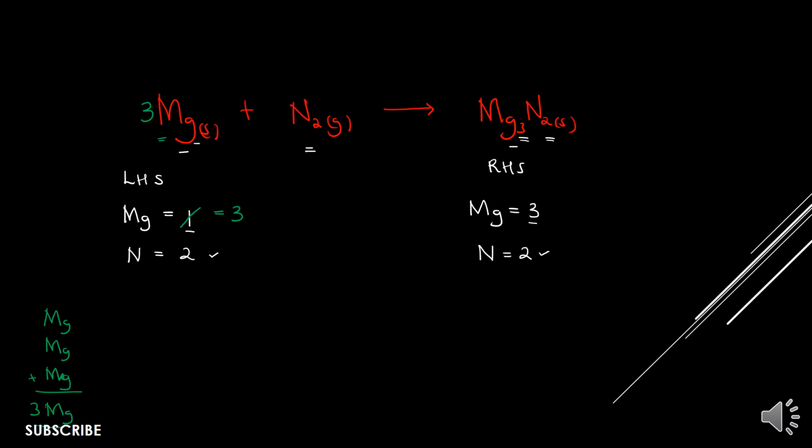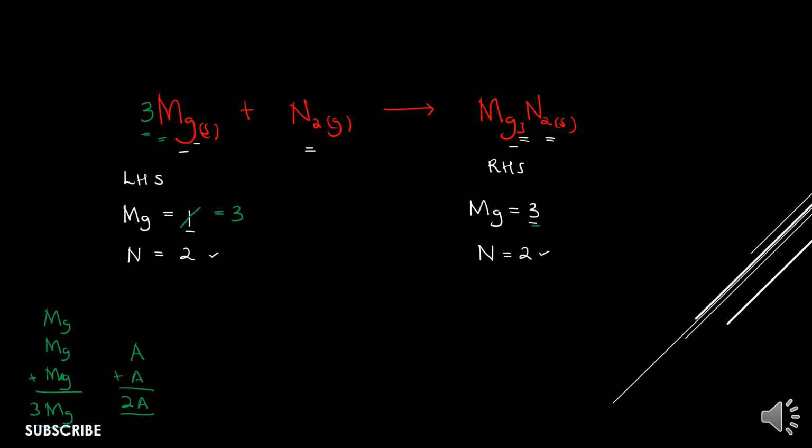Just like you might have A plus A. A plus A is 2A. We can't write it as A2, so it's better we write it as 2A. So we put a 3 in front of magnesium so that we can have 3 atoms of magnesium on our right hand side.